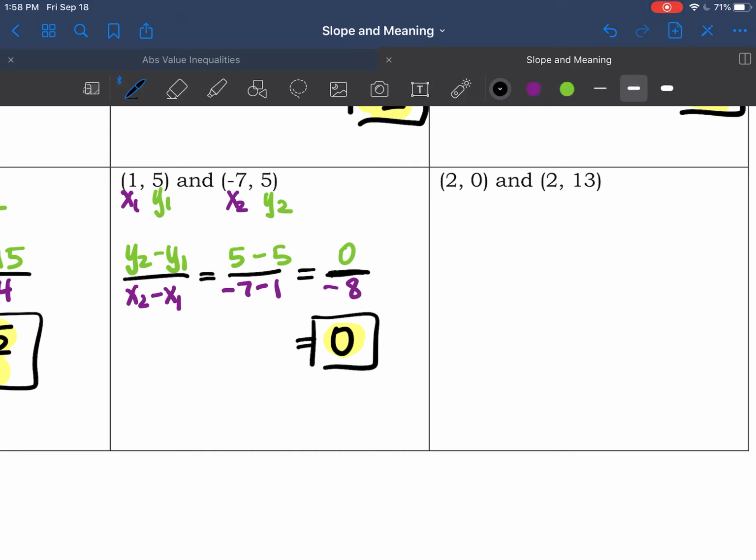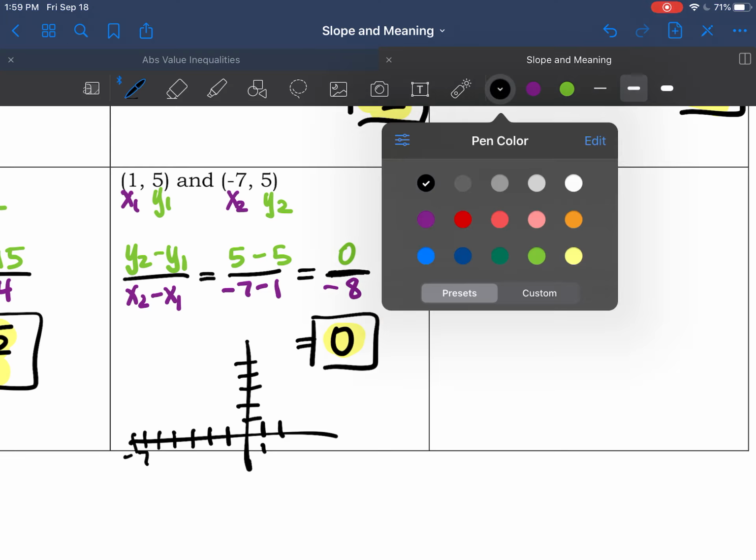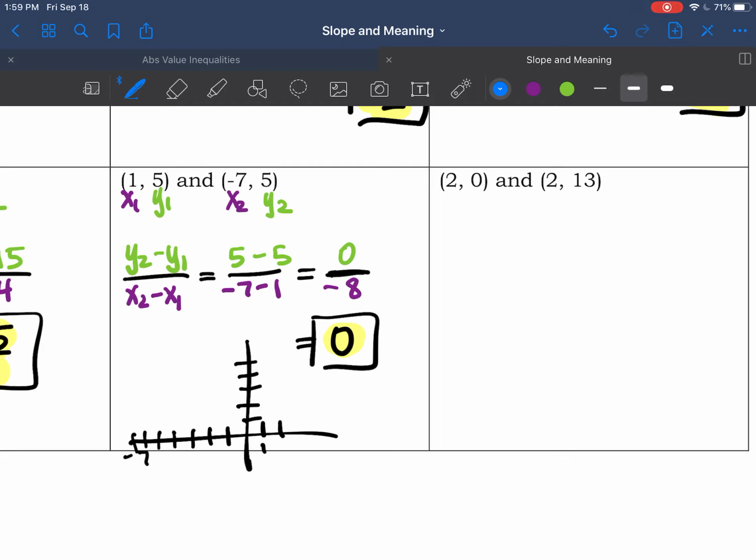What that looks like on the graph, if I were to graph these 2 points, we have negative 7, 1 to 5. Okay, the first point would be right here.